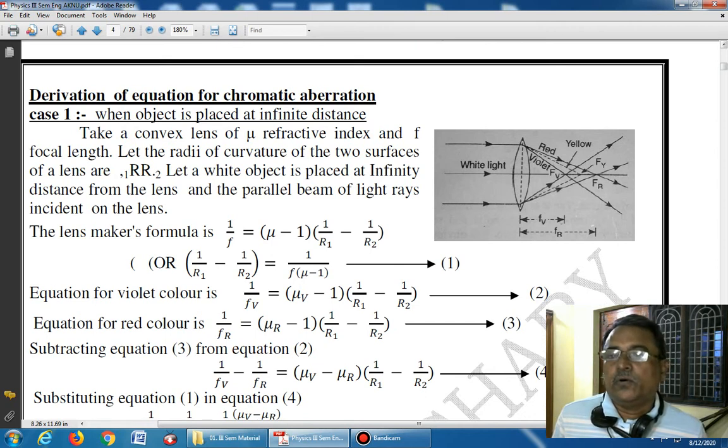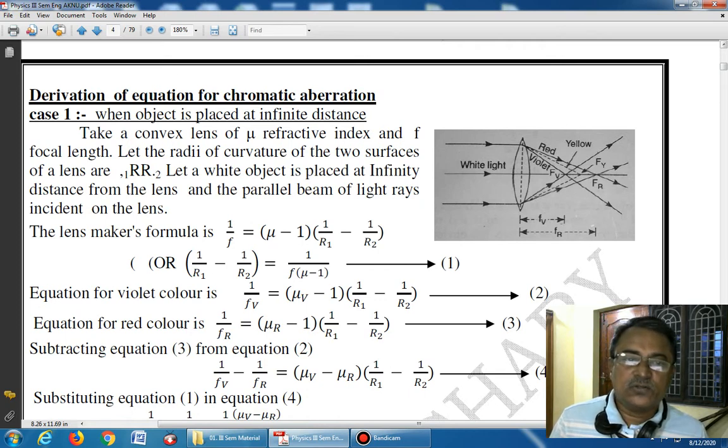Next, we will go into the derivation of an equation for chromatic aberration. Here, two cases will arise.